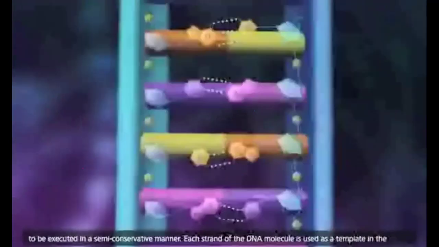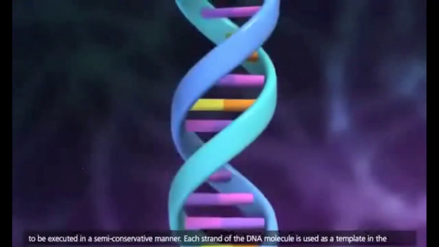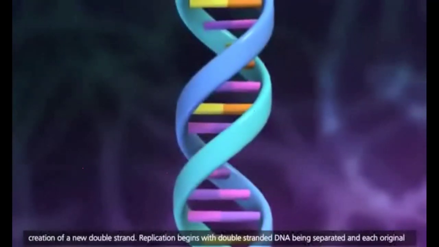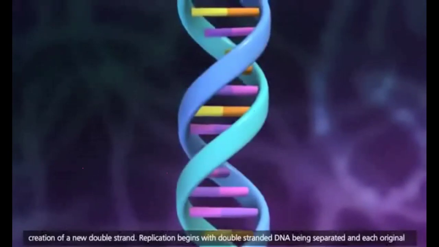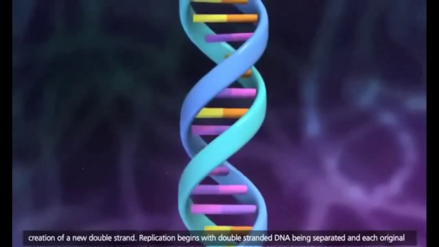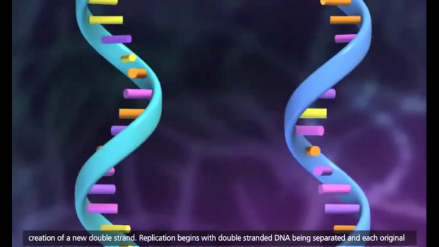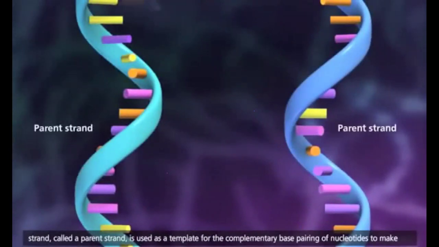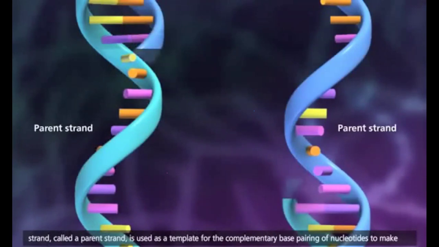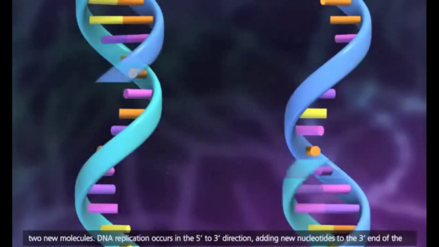Each strand of the DNA molecule is used as a template in the creation of a new double strand. Replication begins with double-stranded DNA being separated, and each original strand, called a parent strand, is used as a template for the complementary base pairing of nucleotides to make 2 new molecules.